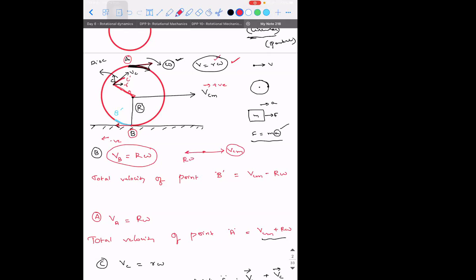When will this point tend to have a slipping action? Listen to my point carefully. It will tend to have a slipping action when VCM is not equal to r omega.